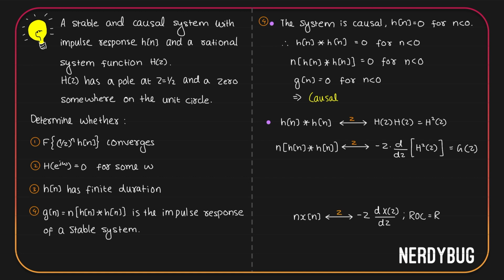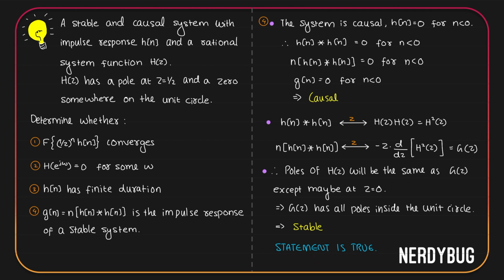But the most important part is ROC is still going to be R, which means h square of z and g of z will have the same ROC. Our original system is stable and causal, which means all of its poles will be inside the unit circle. So for g of z also, all the poles will be inside the unit circle, which means the new system is also stable.